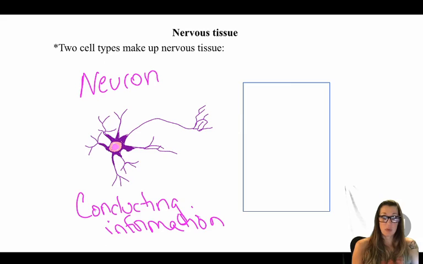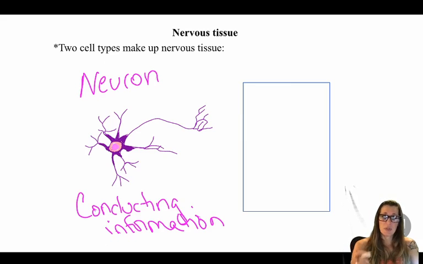The cell is specialized for electrical conduction. That's why it looks all funky like this. And this is just one type of neuron. We'll talk about the others in detail. So the neuron is typically the one that gets top billing. If people are familiar with the nervous system at all, they're very familiar with neurons.